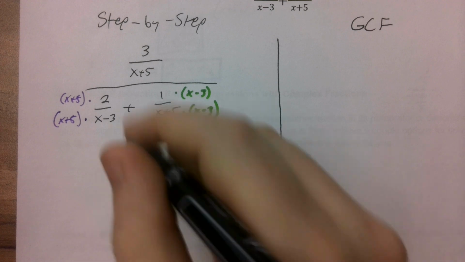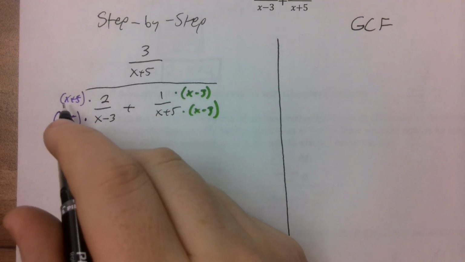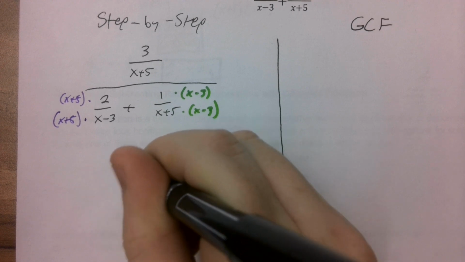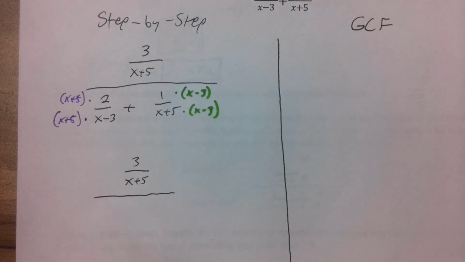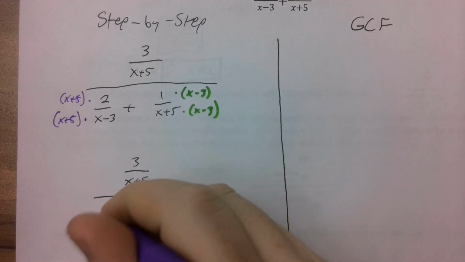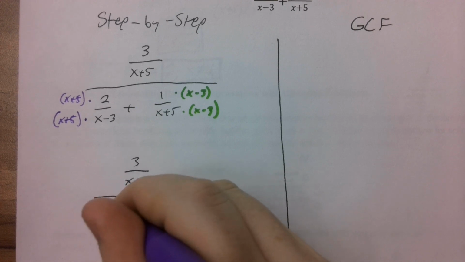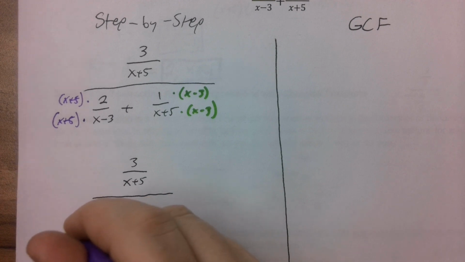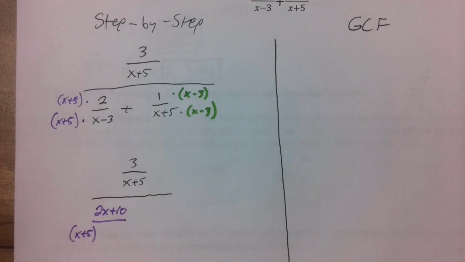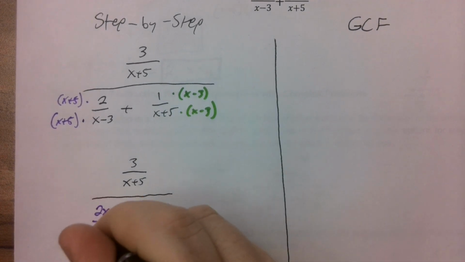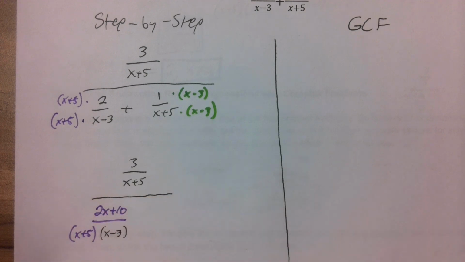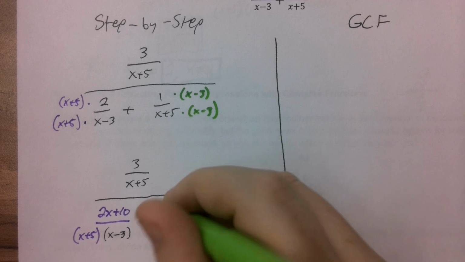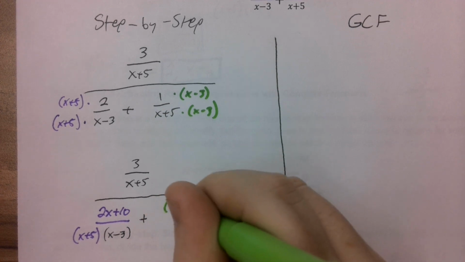What we end up getting is 2 times x plus 5, let me write out my numerator first, totally forgot that for a moment. 2 times x plus 5 we can just write as 2x plus 10. Our denominator is going to be x plus 5 times x minus 3. Over here, 1 times x minus 3 is just x minus 3.